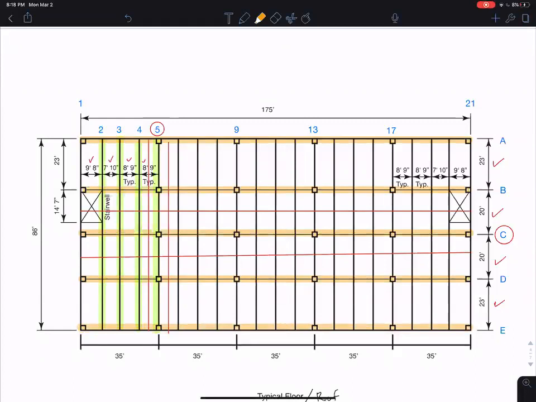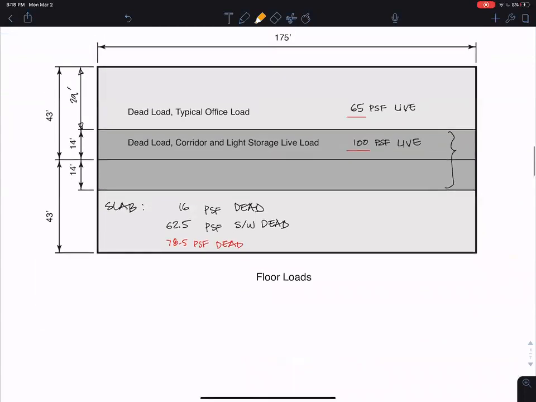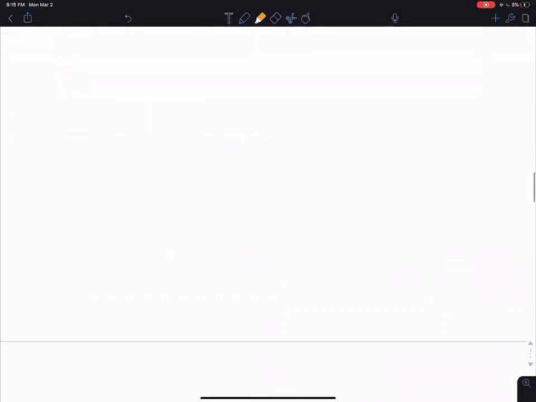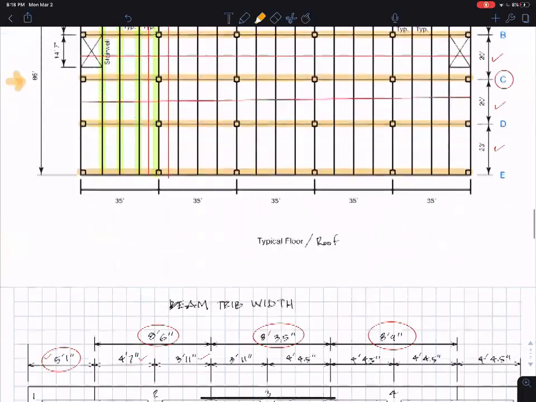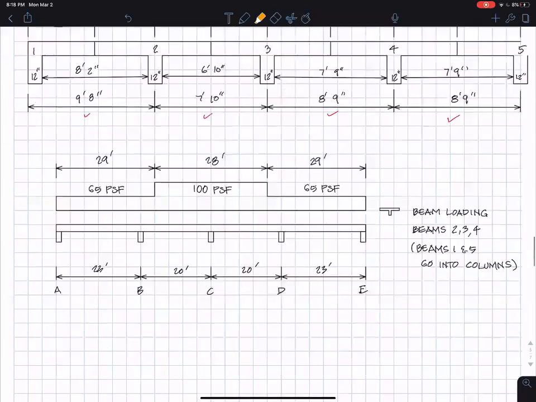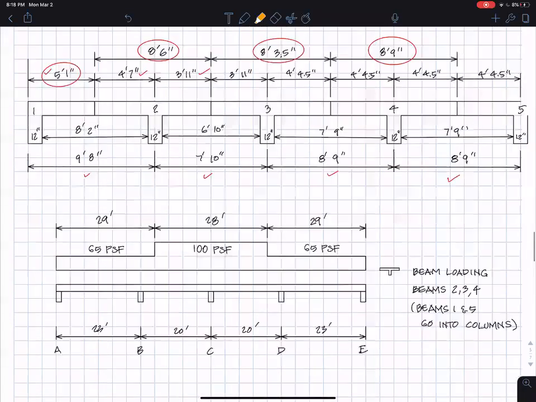So these 5 orange girders are being overlaid with these loads with 100 PSF in the middle 28 feet and the 65 on the outer 29. And so if you look at this view this way, what you would see is this right here.